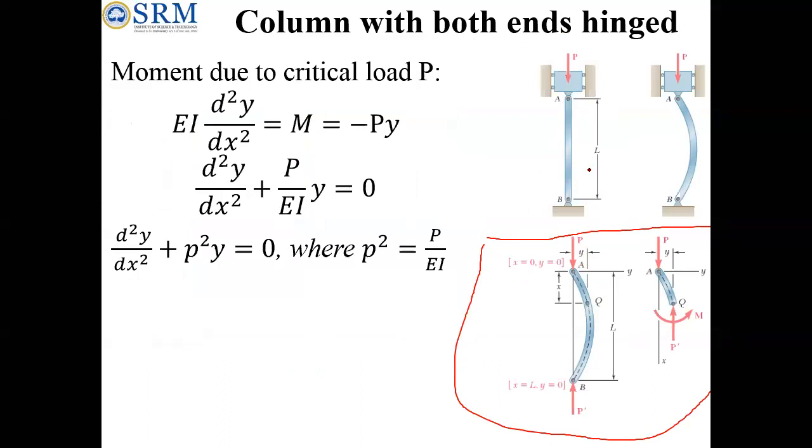When the load is applied, this is how the column will bend. You take an arbitrary point Q at a distance x from the point A, and y is the deflection. Clear? So we have y and x, and this is the total length.